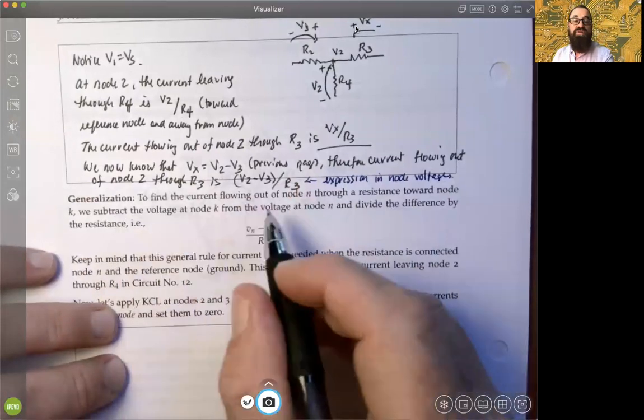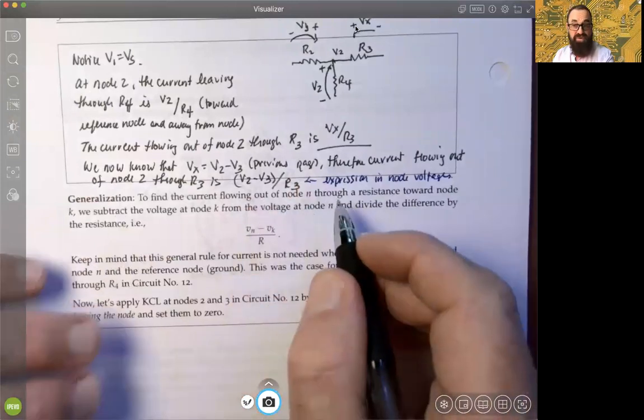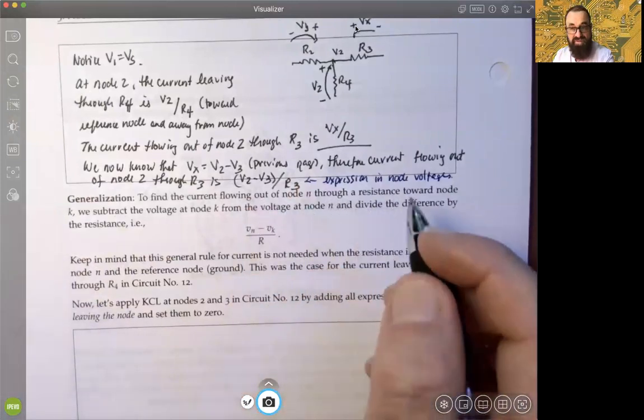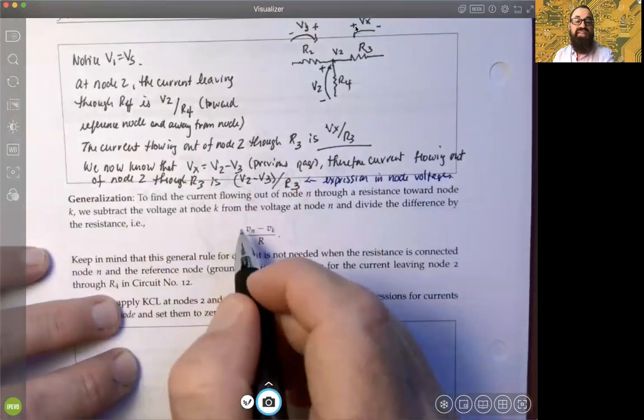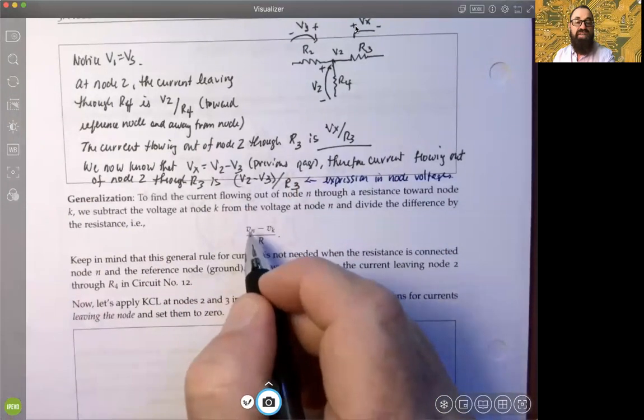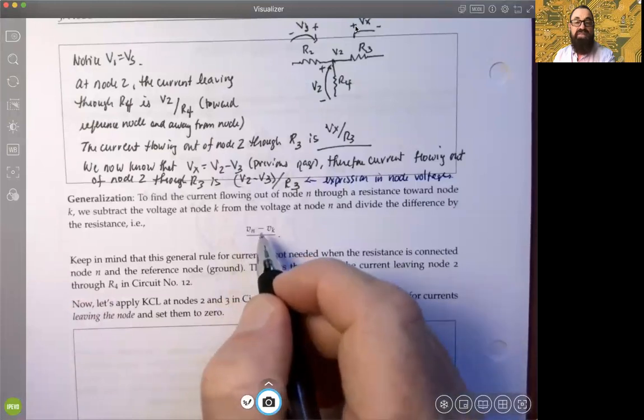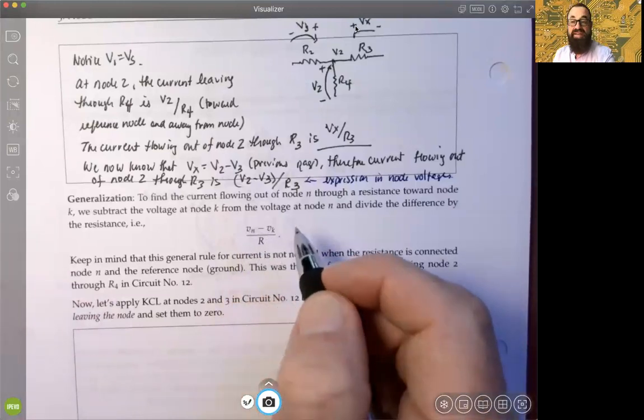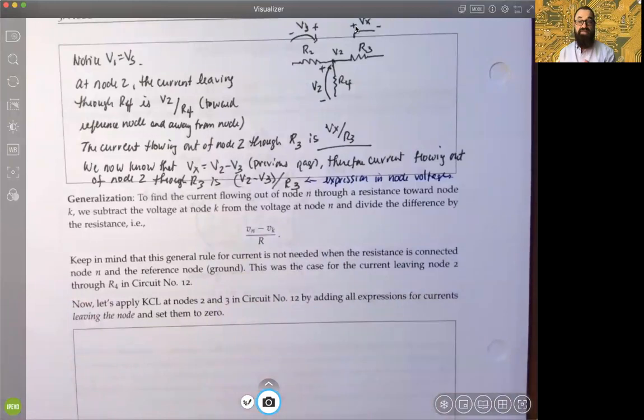You're flowing out of your designated node towards some other node. You take the voltage you're at, and from it subtract the voltage where you're headed. That makes sure you get the right signs. And then divide it through the resistance you go through.